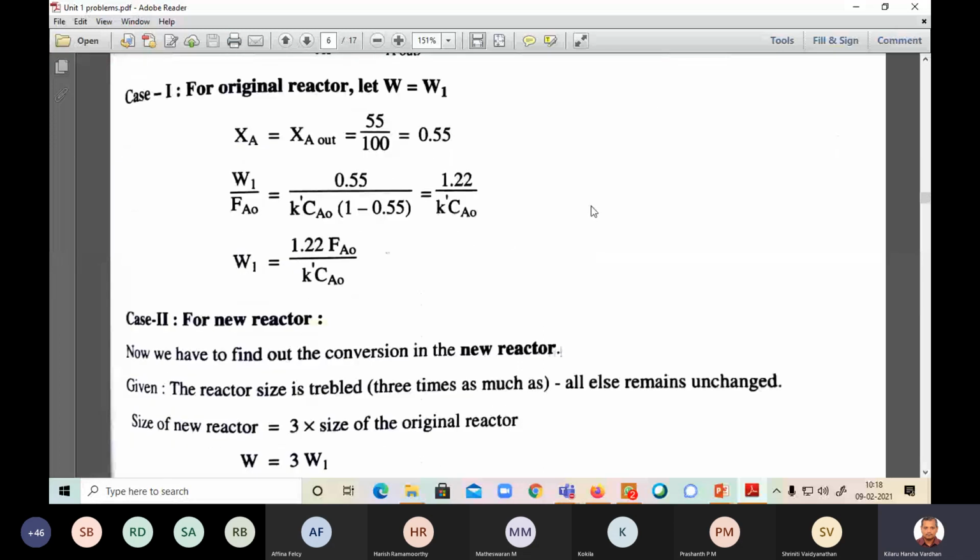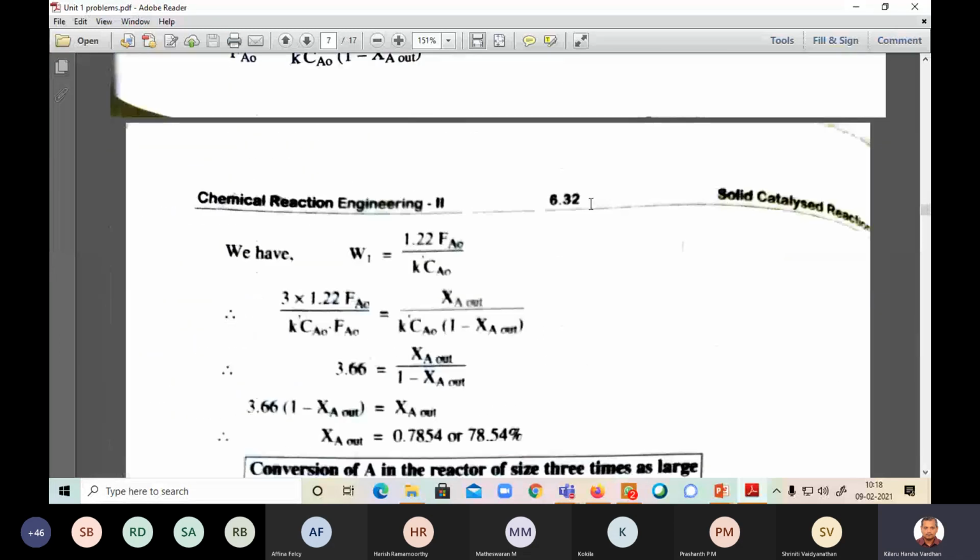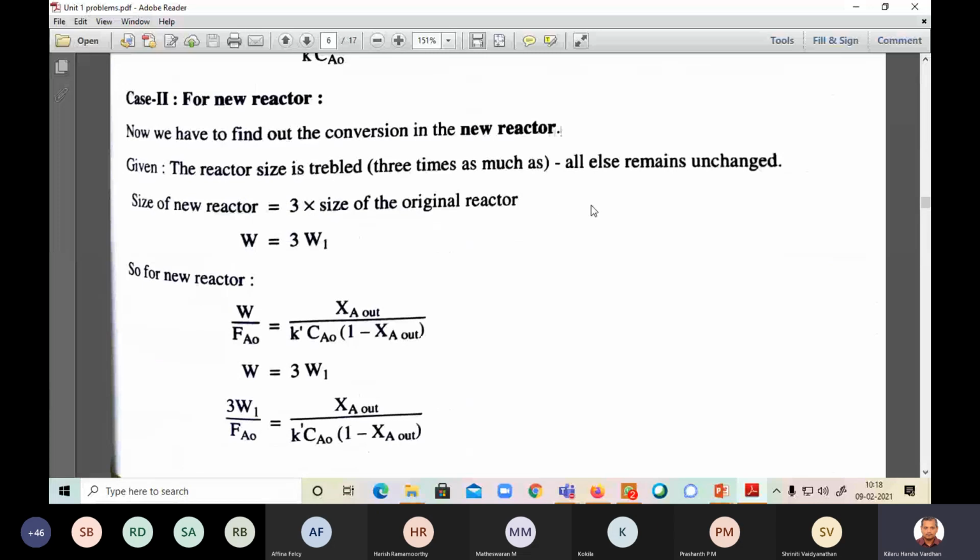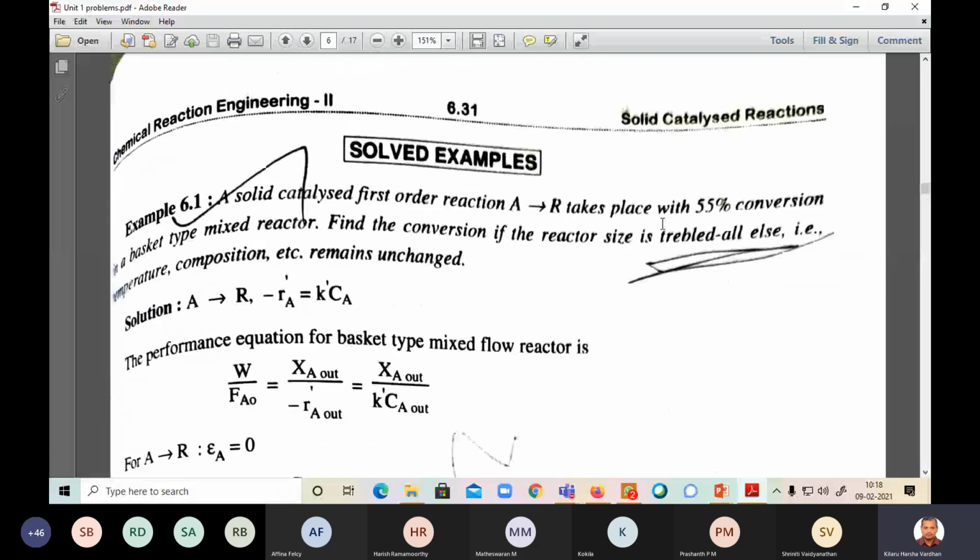So we know from our previous thing that if the size of the reactor is increased, in the sense volume is increased, then there is more amount of time which is spent inside the reactor by the reactants, because your temperature, composition, everything remains unchanged.